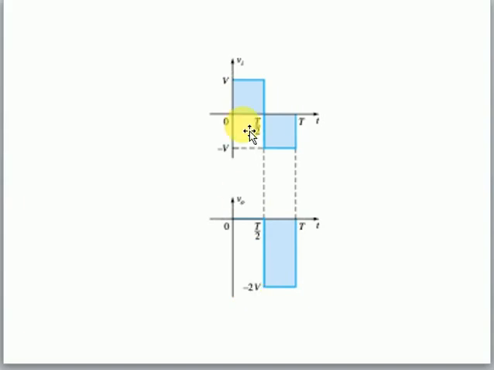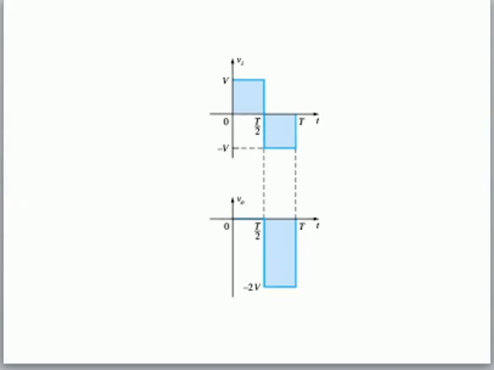So when we add the peak values here, we get the value of 2V, and here again we have the value of 2V. It means that the output has the full swing of the input cycle. The swing of the input cycle, the output must have that swing regardless of the polarity.